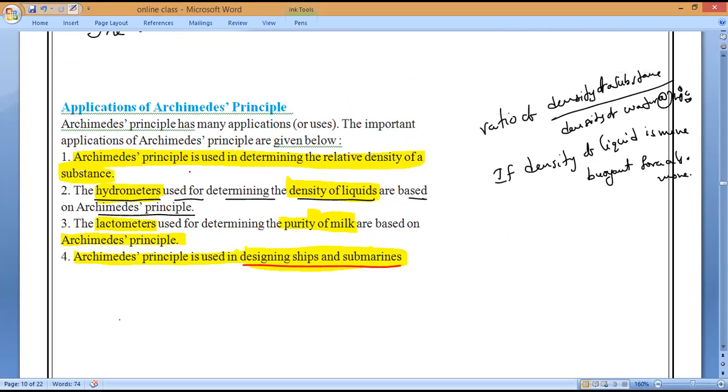So please write all these applications. By the time, we'll start the next concept. Okay, write it fast, all of you. Any doubt, please let me know, or else you can write it. So we'll continue with the next concept.